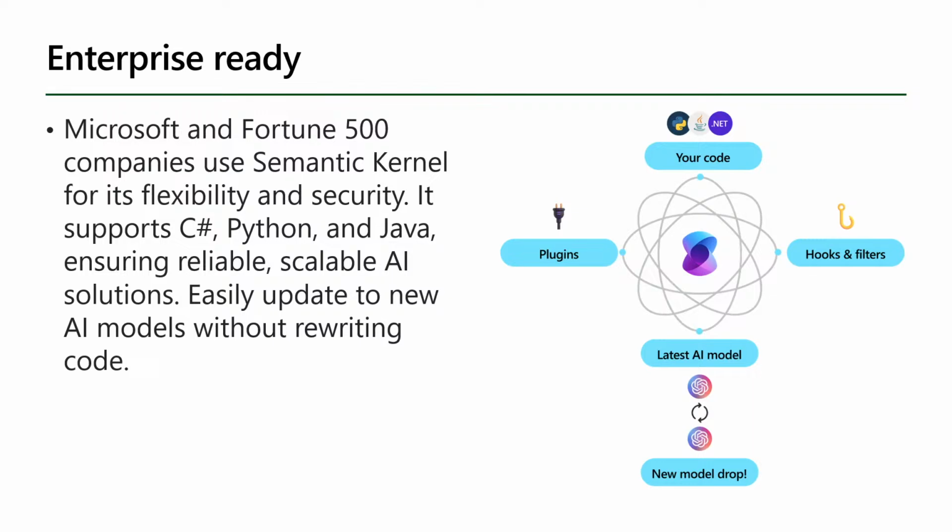For example, if you want to audit what's going on in your application, you can integrate a logging framework into this semantic kernel, which will automatically create logs for you. So you can see what this kernel is doing for you in the background, right? These are some of the features.